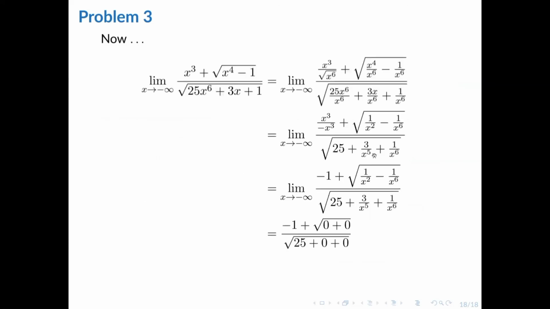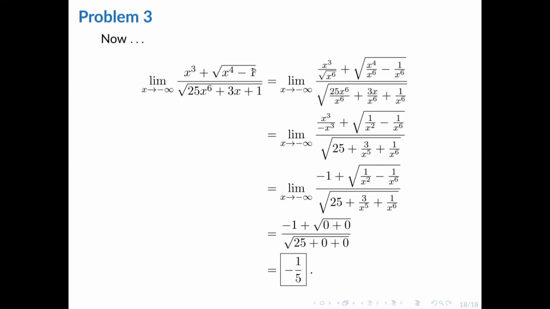So applying that here, we can see that some factors or expressions would be 0. So getting the limit, you will get negative 1 plus the square root of 0 plus 0 all over the square root of 25 plus 0 plus 0. So the final answer would be negative 1/5.